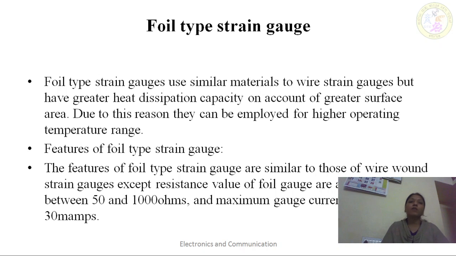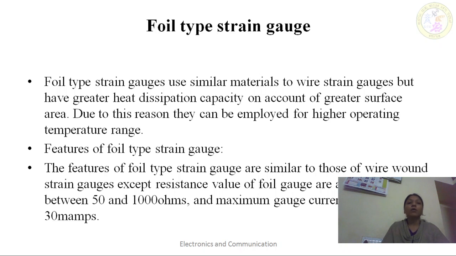Now next is the foil type strain gauge. Foil type strain gauges use similar materials to wire strain gauges but have greater heat dissipation capacity on account of greater surface area. Due to this reason, they can be employed for a higher operating temperature range.